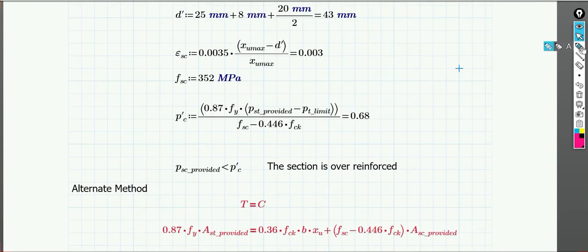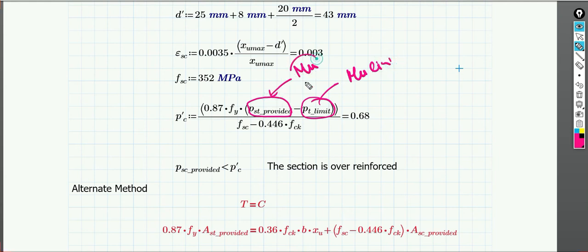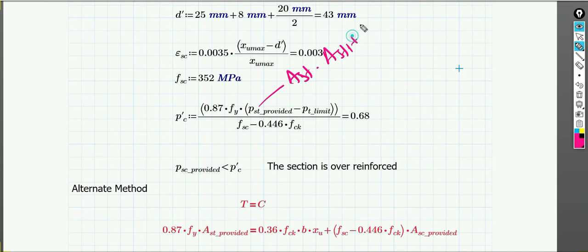This equation stands like this: 0.87 Fy times (PST provided minus PT limit) divided by (FSC minus 0.447 FCK). PST provided means how much you have provided, and PT limit is as per Mu limit. Sorry, this is PST limit. Finally, what you have provided, AST is equal to AST1 plus AST2.